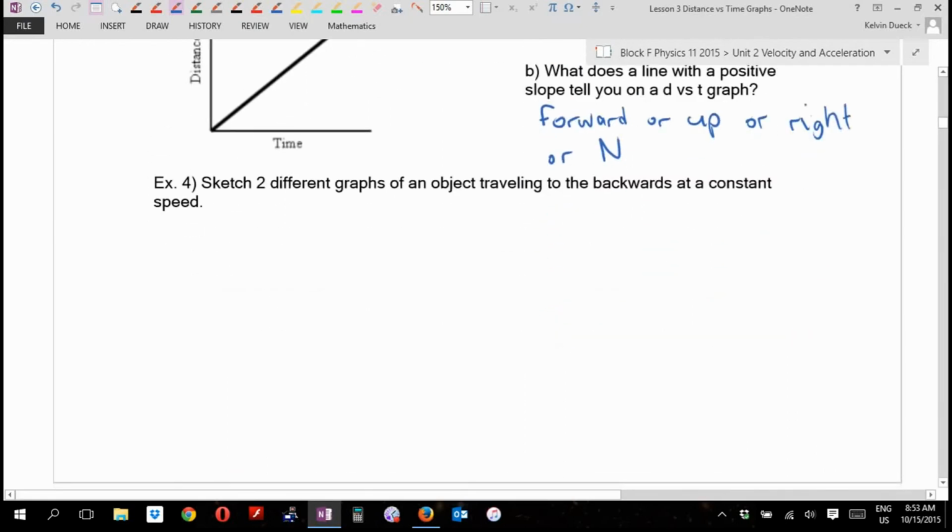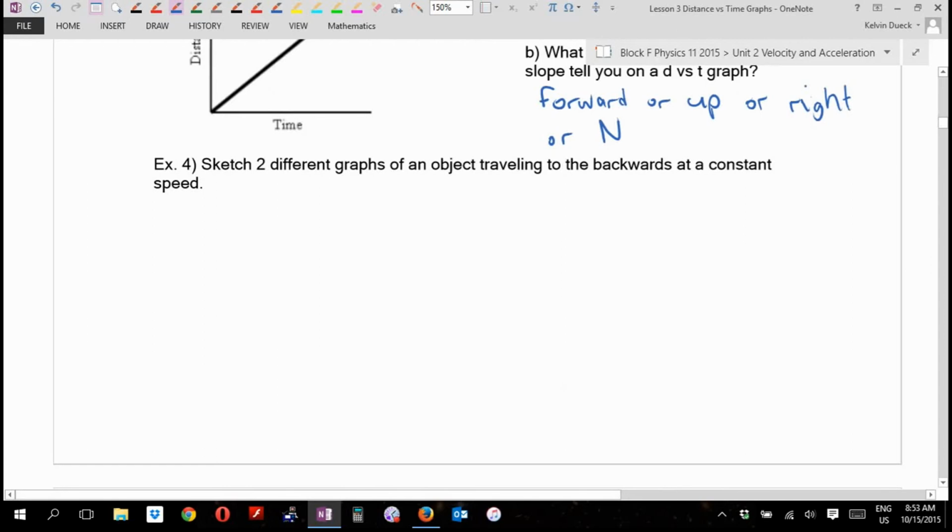So I have here sketched two different graphs of an object traveling backwards at a constant speed. I'll give you a hint. We'll start with that.